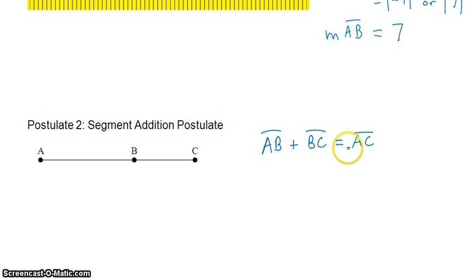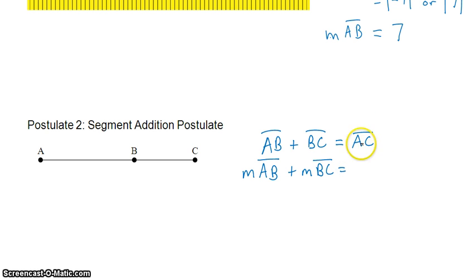To find out how long AC is, I'm going to make one subtle change here. Right now, this is written as AB. From postulate 1, I can figure out the measure of AB. Right now, this is segment BC. From postulate 1, I can find the measure of BC.